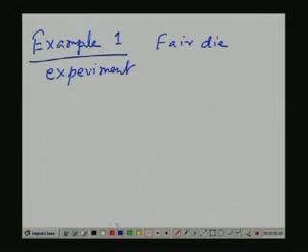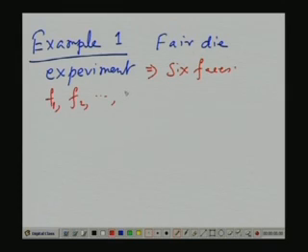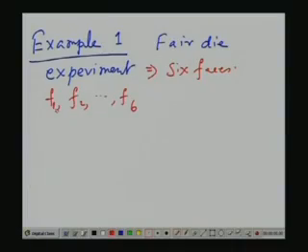It has got 6 faces, F1 to F6. F1 means the face which is marked as 1, F2 is the face which is marked as 2, and so on and so forth up to F6. And since it is unbiased, the probability of each face showing up is just 1 by 6.